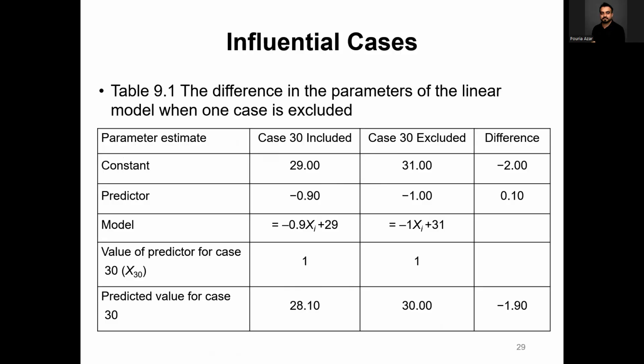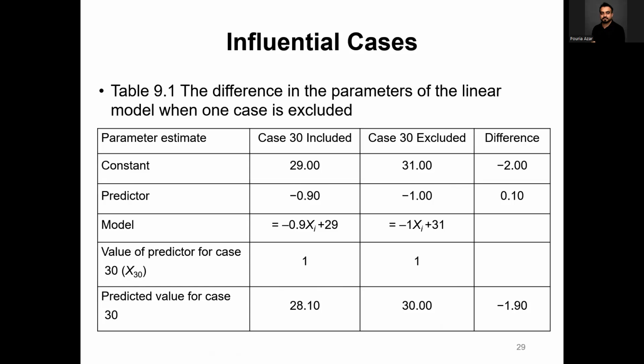And here is an example. We have case 30. Imagine we have a data set with different columns and different variables. One of the variables is study ID.